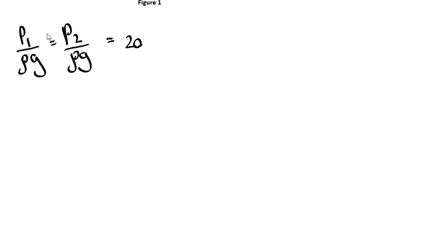You could have just used the formula P1 over rho g. Remember, the question says that the pressure head at both the inlet and outlet is the same, basically 20.387 meters.